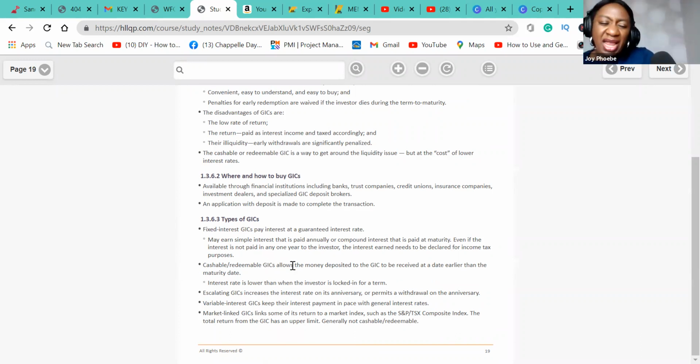What are the types of GIC? We have fixed interest GIC, and cashable or redeemable GIC. The fixed interest GIC is the one where they tell you this is the interest rate. Everything is known from the beginning.